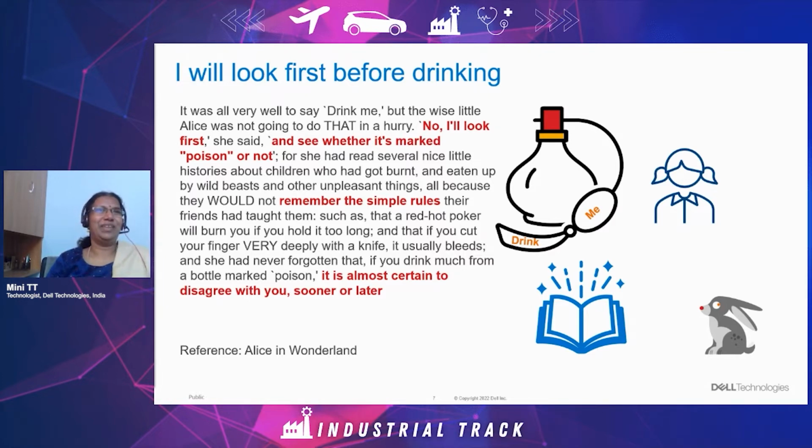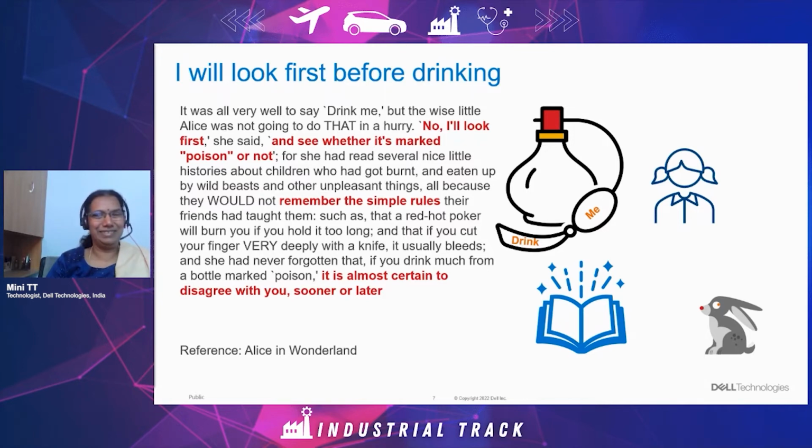It was very well to say 'drink me', but Alice knew not to drink it in a hurry. I will see first whether it is marked poison or not. And she knows that there are a lot of stories where children got burned or were eaten up by wild beasts and many other unpleasant things happened because they didn't remember the simple rules their friends taught them.